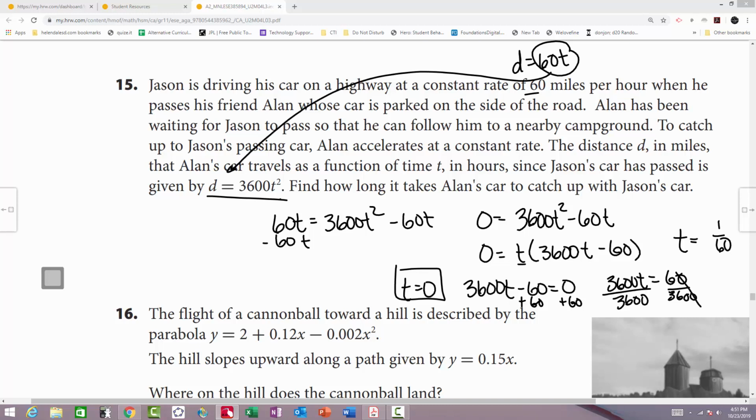Wow, he catches up fast. No, t is in hours. Ha, that's why. Time t is in hours. I'm silly. He doesn't catch up in a 60th of a second. He catches up in the 60th of an hour. All right. That makes me feel better.